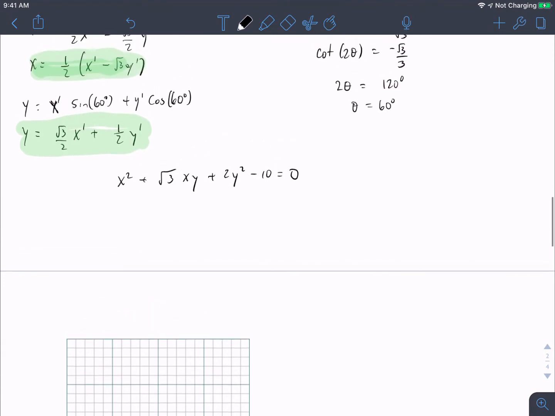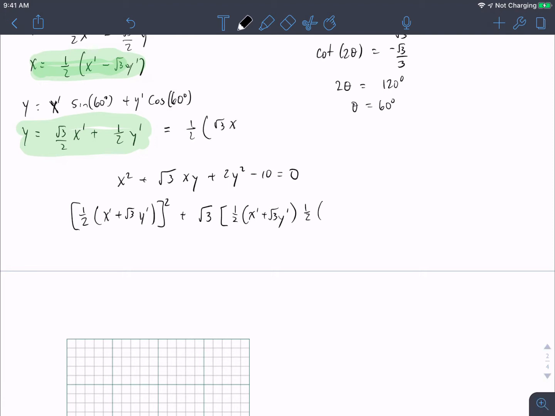So I'm going to go (1/2 x' + radical 3 y') and that whole thing is going to be squared, because x squared is equal to that, plus the root of 3, and then I'm going to have this product of (1/2 x' + radical 3 y') times 1/2. Oh, I didn't clean this one up, and I will right now.